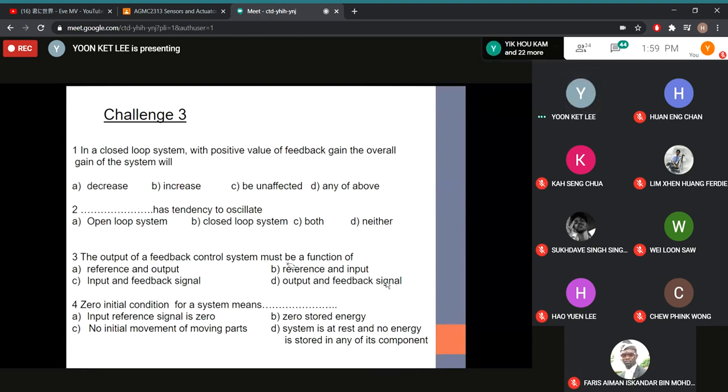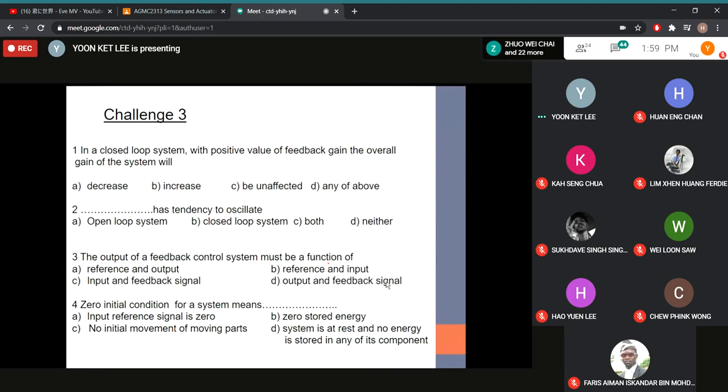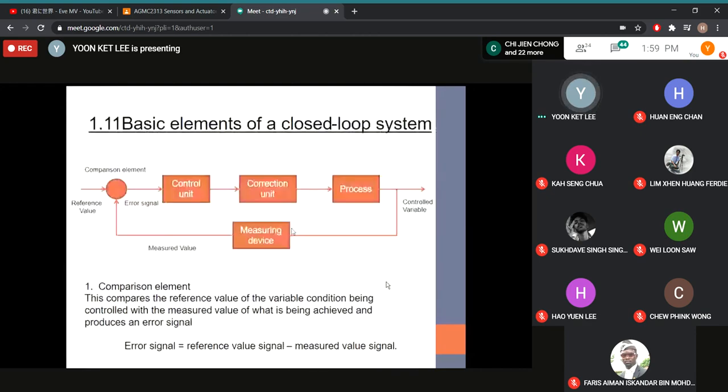We eliminate first. This one should be out, definitely out, because both are on the same side. Reference value and input are here. Actually what you want is your input here and your measured value, the feedback signal, here.